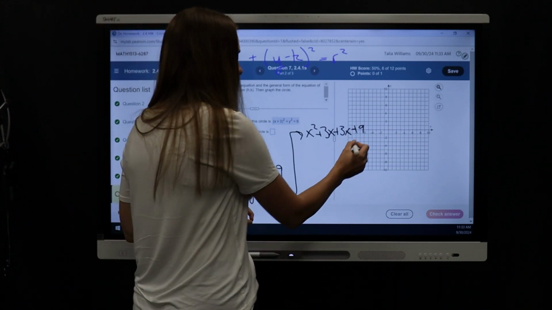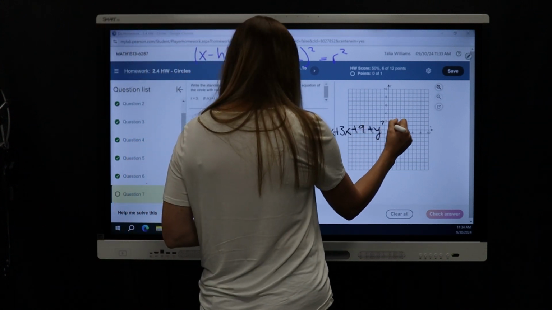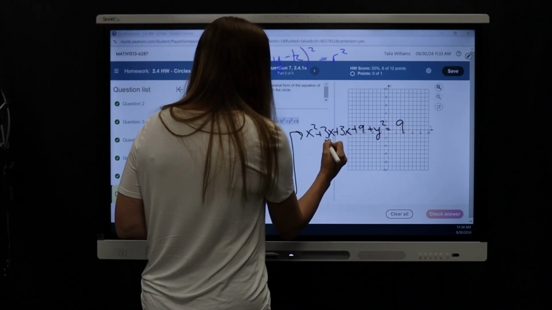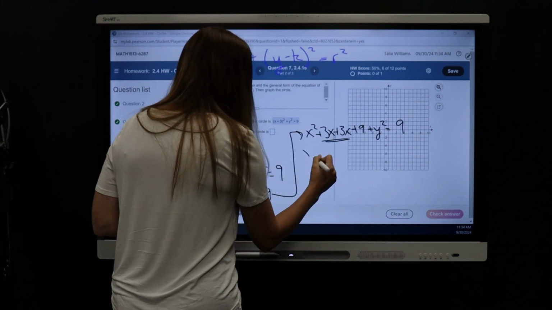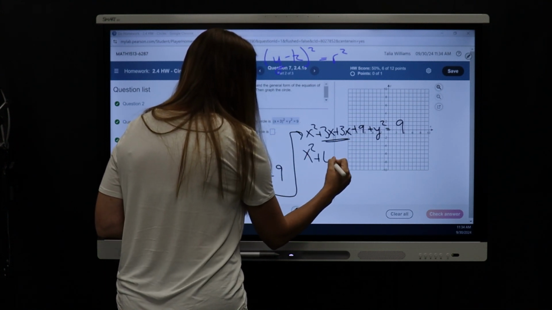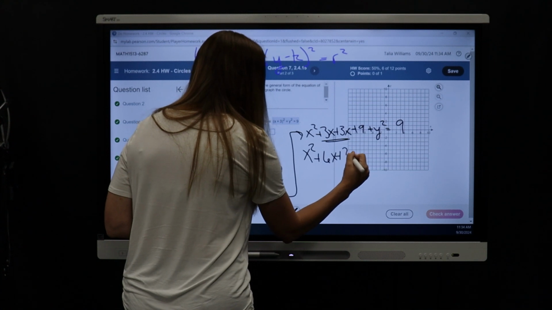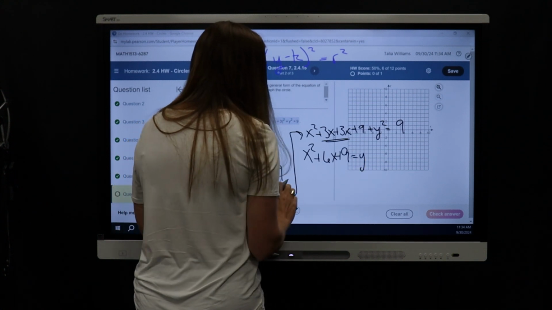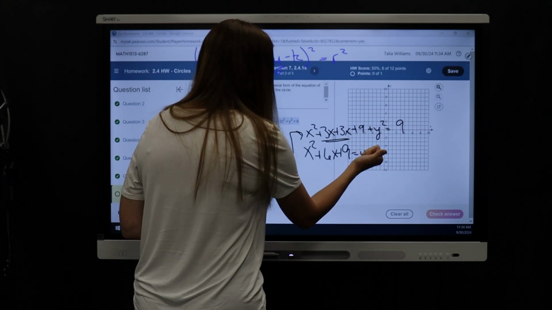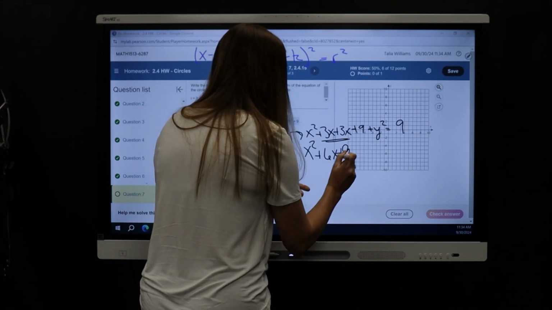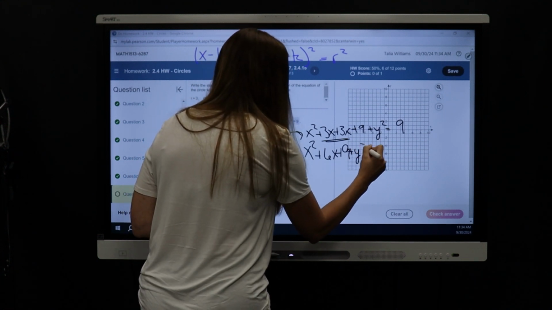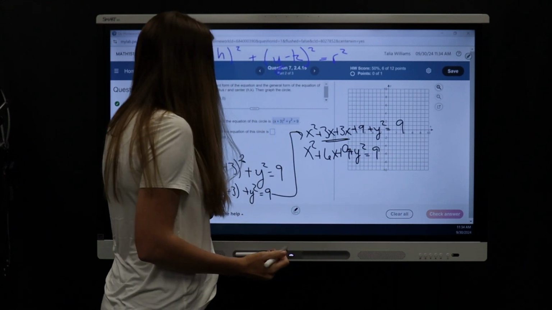And then I'm going to go ahead and have my plus y squared equals 9. Combine your like terms. So I'd have x squared plus 6x plus 9 plus y squared equals 9.